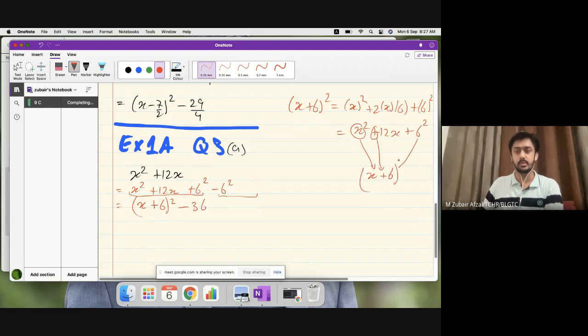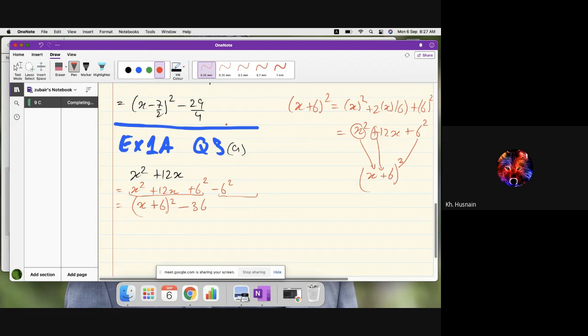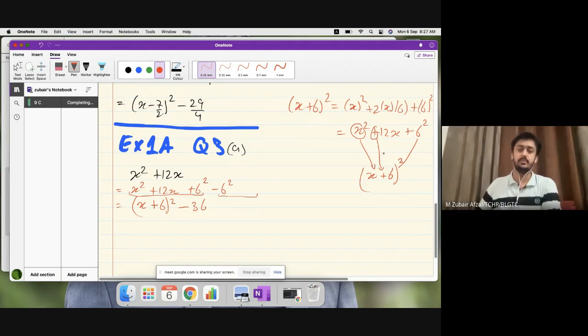and whole square. Sir, is there any specific reason for copying only the number 6 but not the number 12? Yes, there is, because we have to use the square outside the bracket. If you remember the third one, that was a plus b times a minus b.